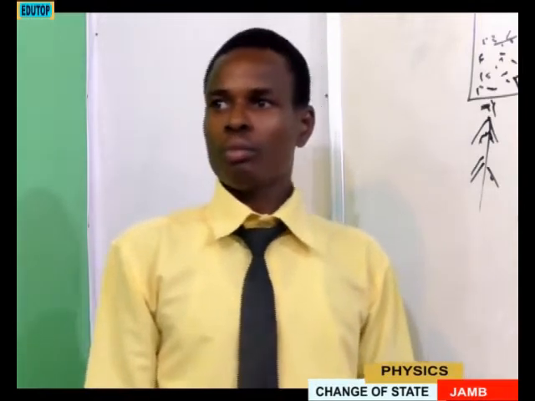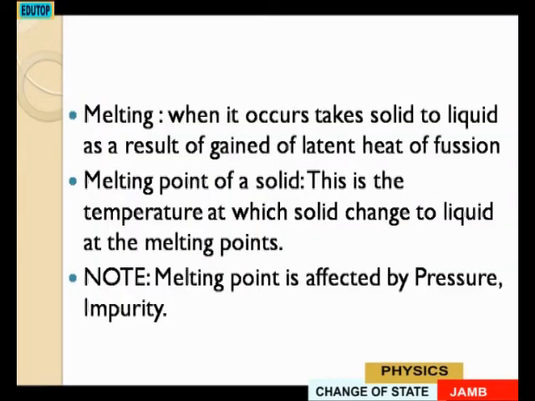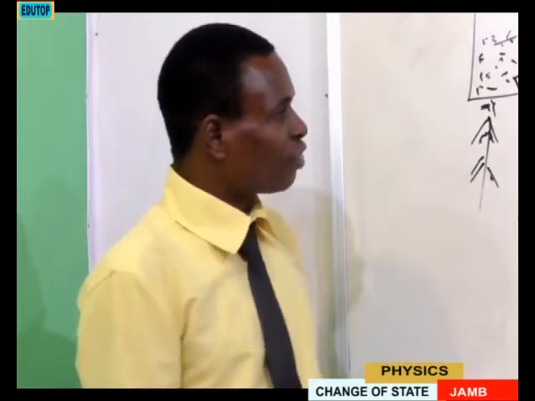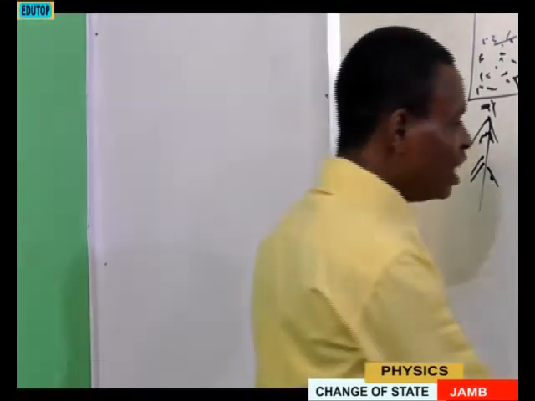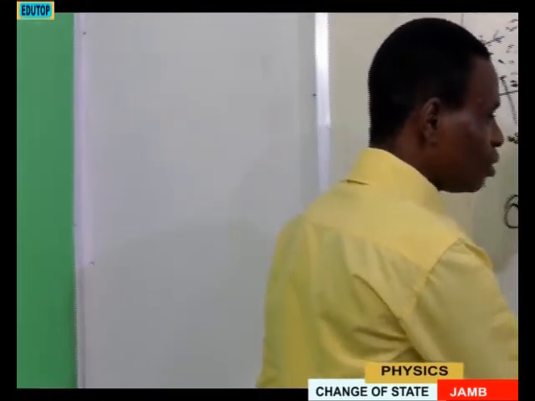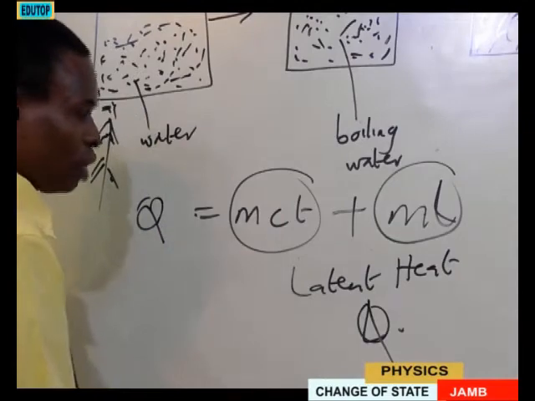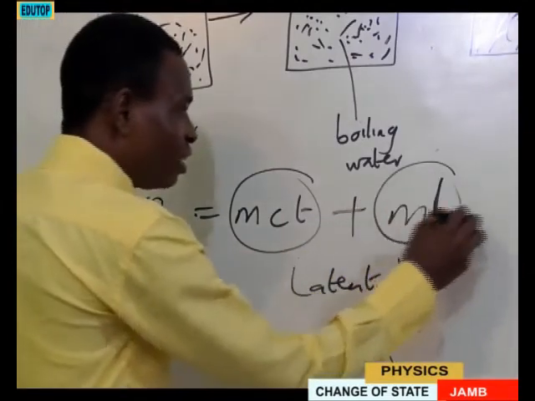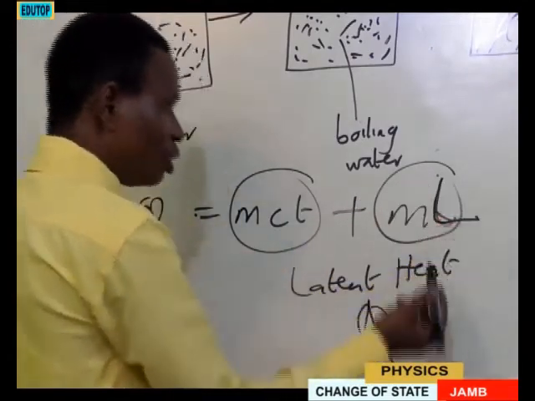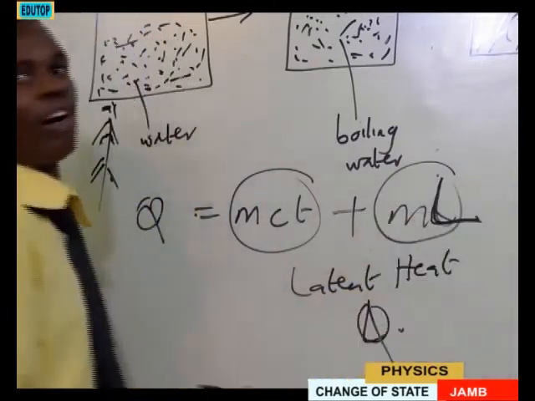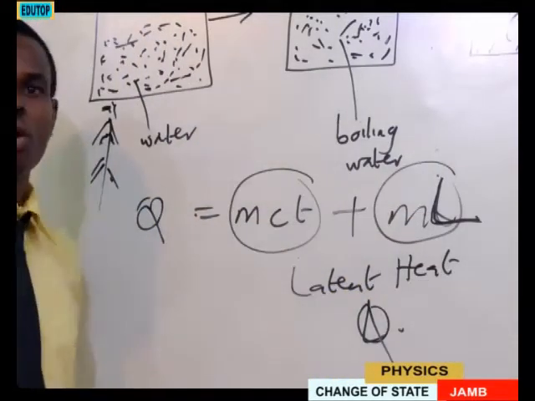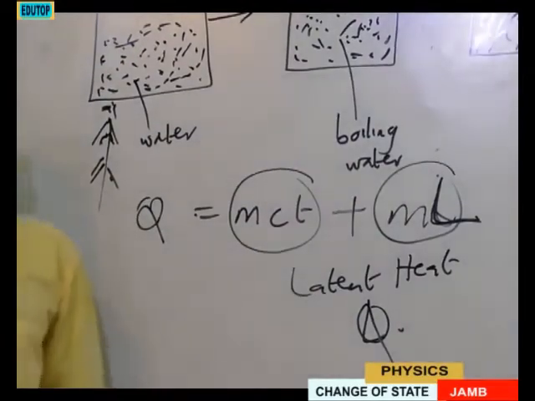Melting. Melting, when it occurs, takes solid to liquid as a result of gain of latent heat of fusion. The gain of heat we are talking about here is the latent heat, which is our Q. But our L can be latent heat of fusion or latent heat of vaporization, depending on the one we are treating.